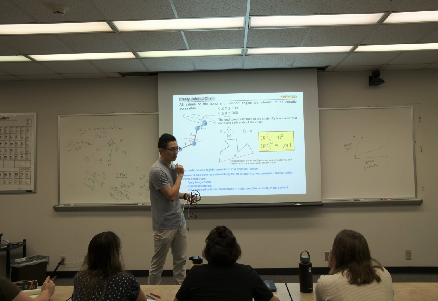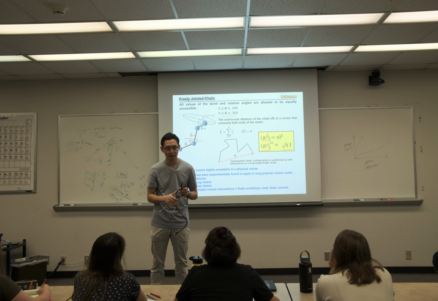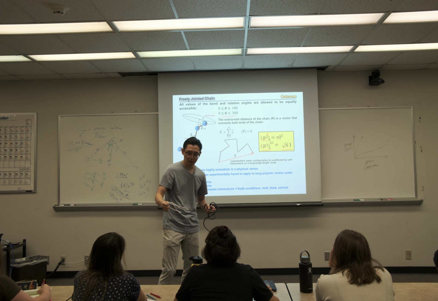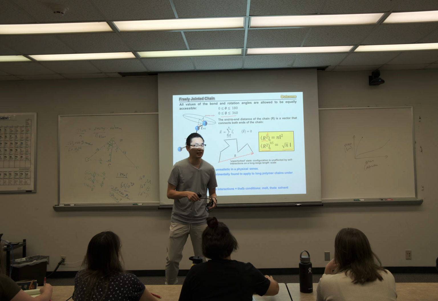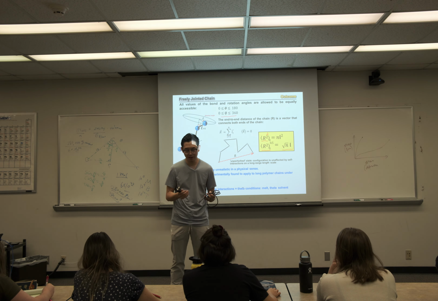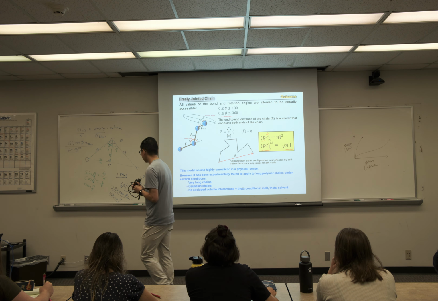And that would be one way to observe the freely jointed chain: in the melt state, you can have a freely jointed chain. In good solvent, it will be expanding. But there's another condition defined by polymer scientists that follows a freely jointed chain. That is called a theta solvent.